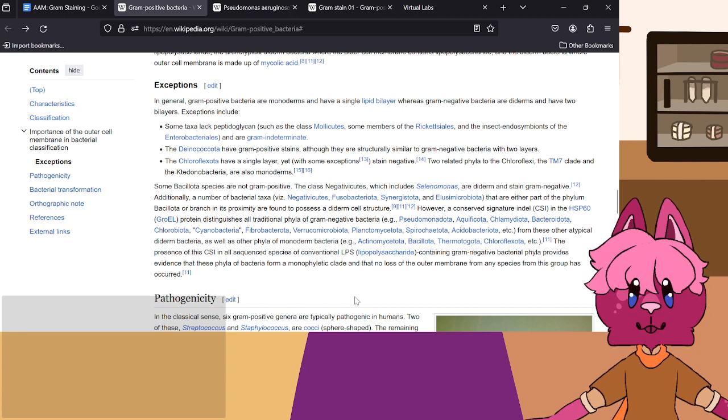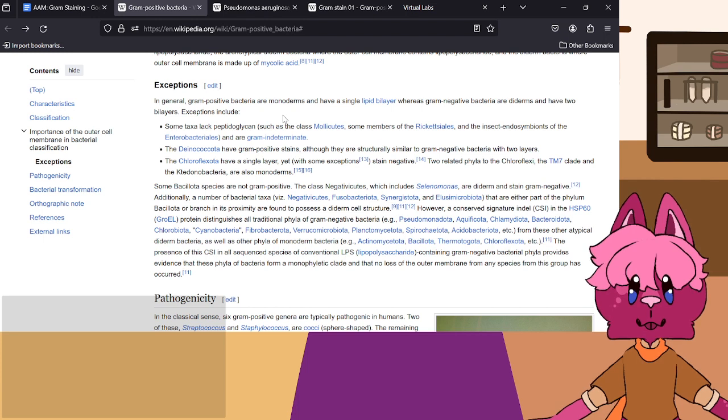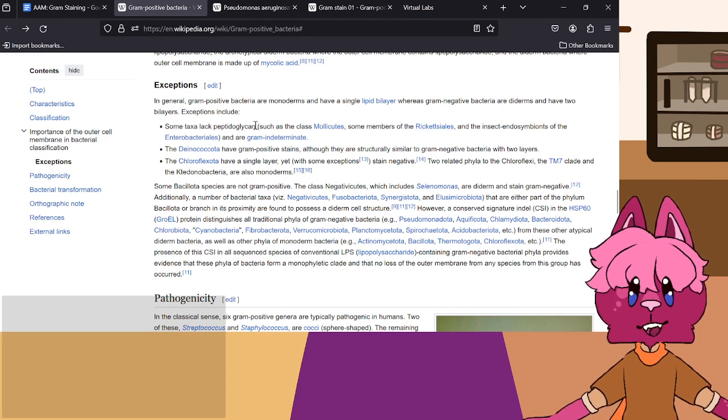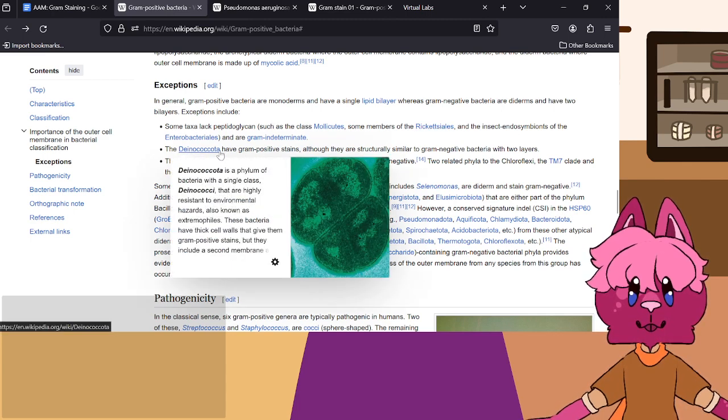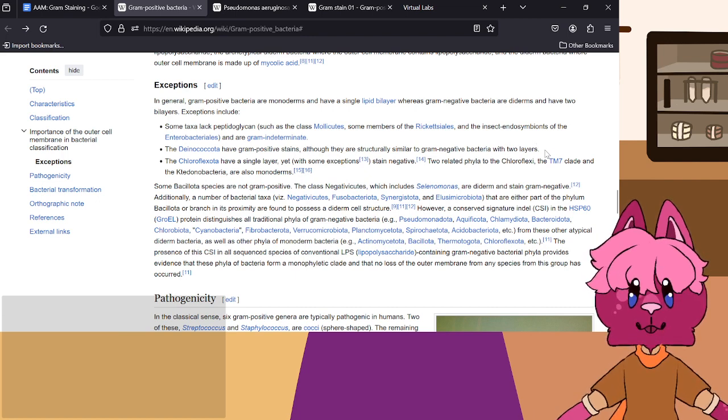All right. So these are some exceptions that I did not know about because my knowledge of gram staining is very limited so far. It won't be in the future, but for now, it is. So some taxa lack peptidoglycan, and then I give some examples. The Deinococcota have gram-positive stains, although they are structurally similar to gram-negative bacteria with 2 layers.